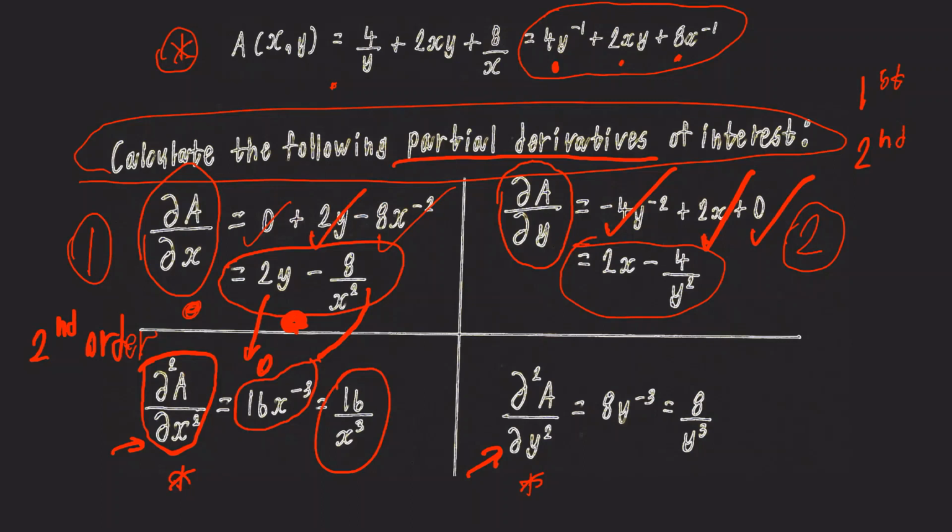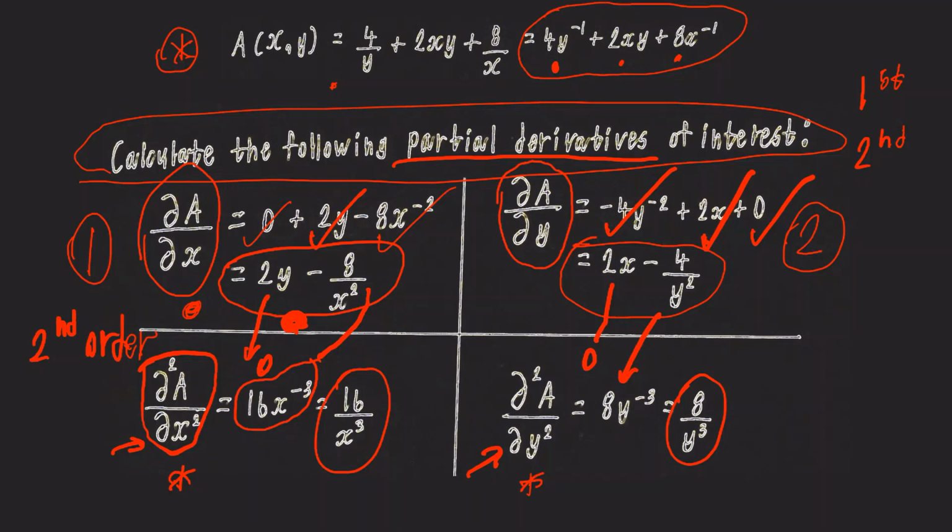And then the exact same thing here, 2x, if we differentiate with respect to y, 2x is pretty much 0, so that's 0. And then minus 4 on y squared, that's this here, so we get that.